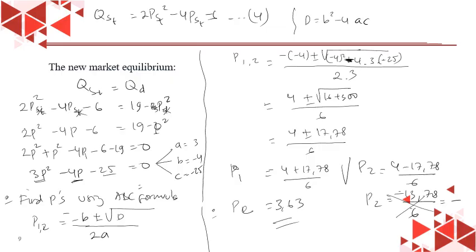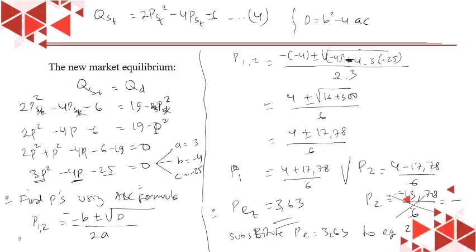Then again, as what we did in the previous problem, you just substitute PE, substitute PE with tax, because this one is with tax. 3.63 into which equation? I think it is better to substitute it into the QD function. What equation is that again? Yeah, equation 2.